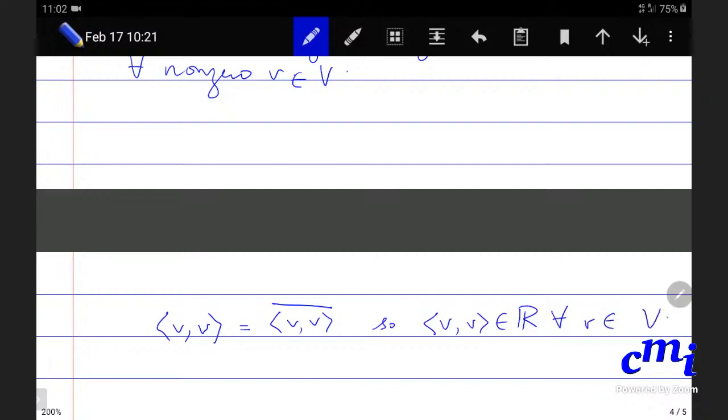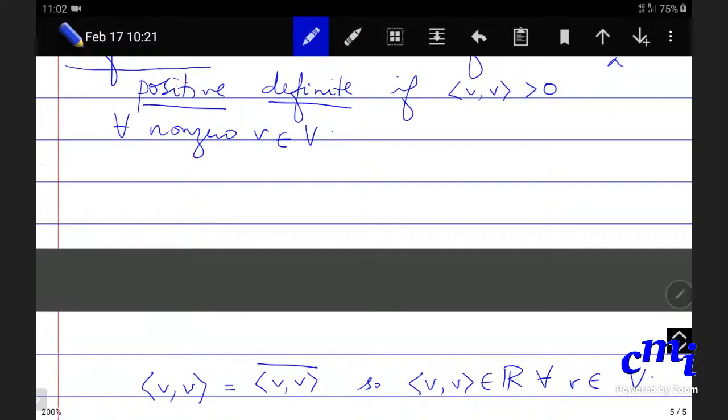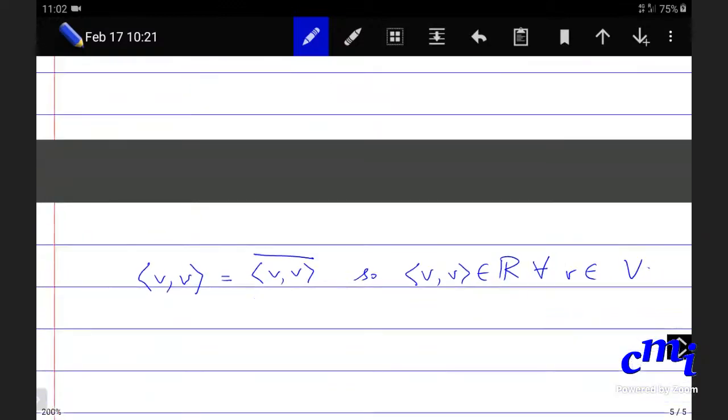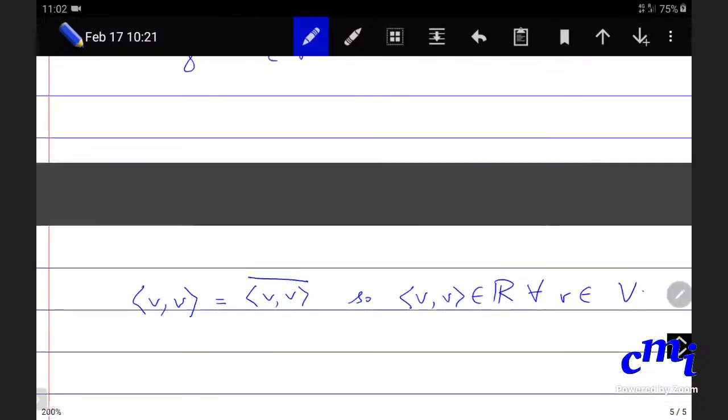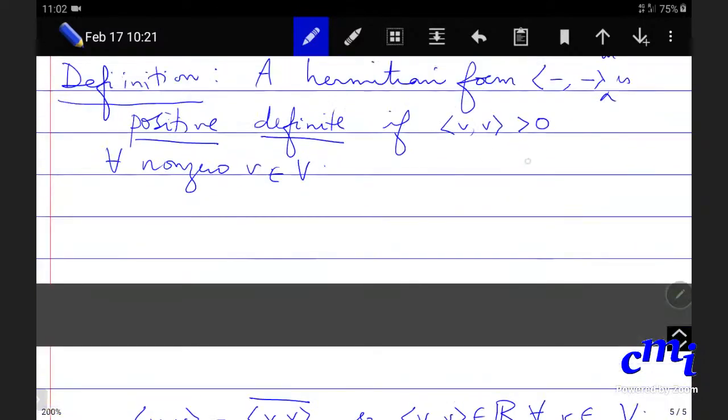For arbitrary vectors, the bracket ⟨v, w⟩ need not be inside the reals. But for the same vector, ⟨v, v⟩ is always a real number. So we say that it is positive definite if this real number is positive.